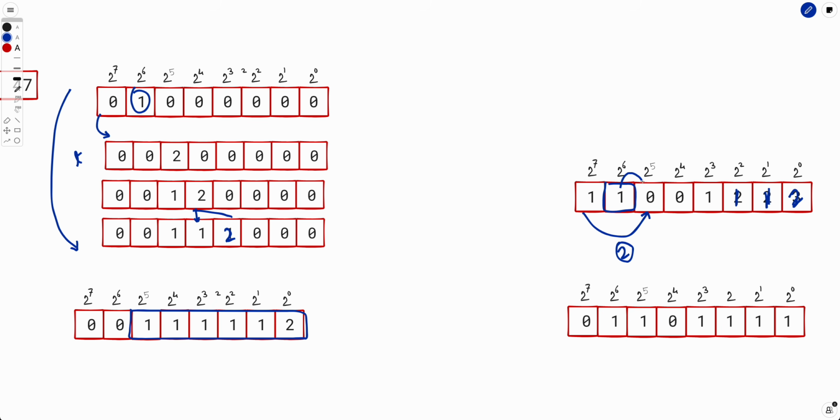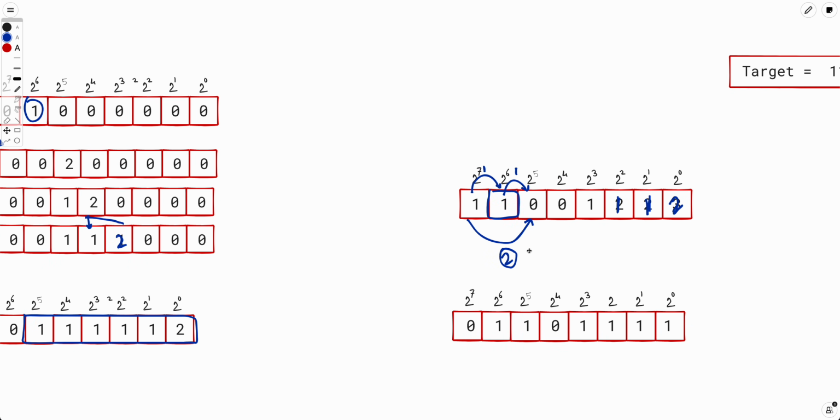You convert 2 power 6 into 2 power 5, and then you convert 2 power 7 into 2 power 6. So here also you require 2 operations. So that's where it doesn't matter which one you pick. For simplicity of the implementation, you can always pick the nearest one which is to the left, but you can pick either, it doesn't matter at all, as both will yield the same results. So hope this point also makes sense.